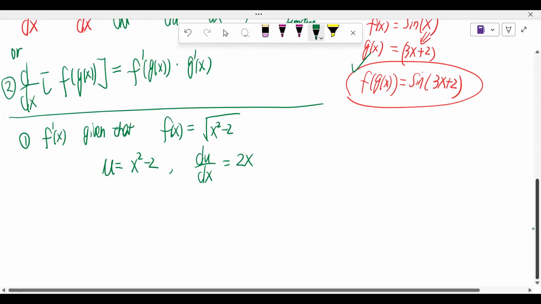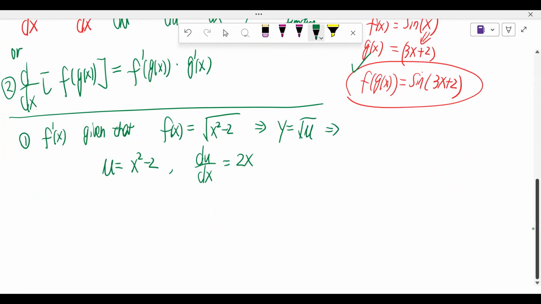You can look at this as y equal to the square root of u, which is y equal to u to the half. Now, what is dy over du here? Using the power rule, we're differentiating the variable y with respect to u.